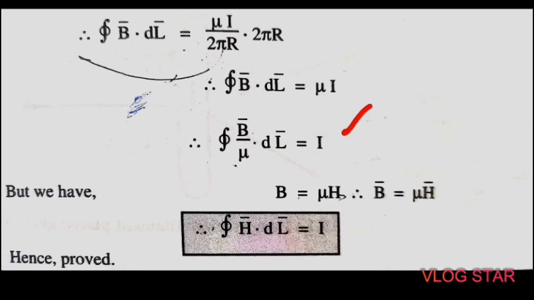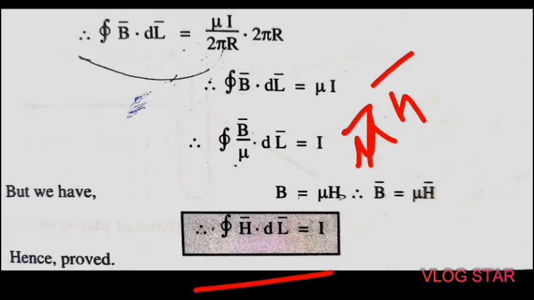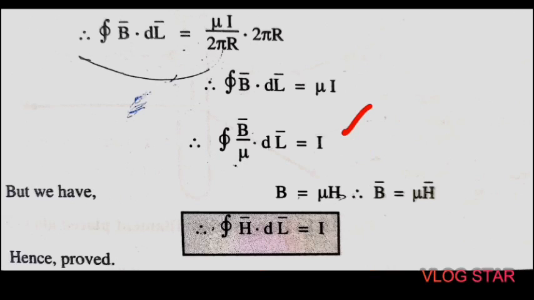Then this numerator mu and denominator mu get cancelled, so the remaining equation is line integral of H bar dot dl bar is equal to I. That is our final statement for the Ampere circuital law.